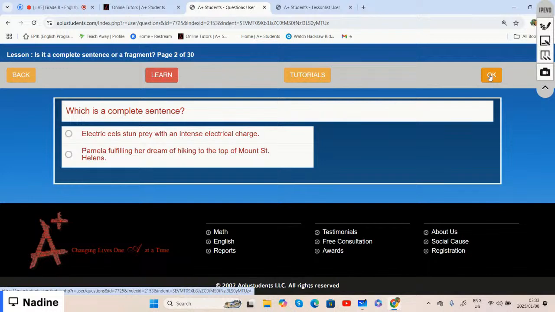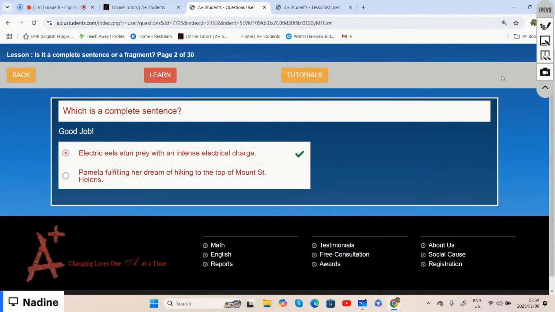If we select the complete sentence, whether it is option one, electric eels stun prey with an intense electrical charge, or option two, Pamela fulfilling a dream of hiking to the top of Mount St. Helens, we can go with option one.